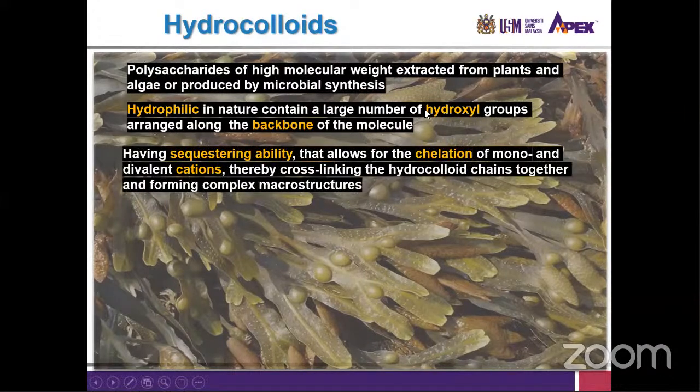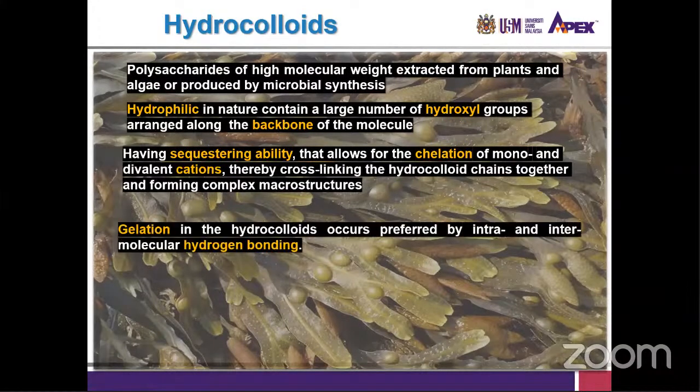From these hydroxyl groups, the hydrocolloids have a sequestering ability, so they allow the chelation of cations, either mono-, di-, or trivalent, and the cross-linking of the hydrocolloid chains will form a complex macrostructure before it turns into the desired product that we want.